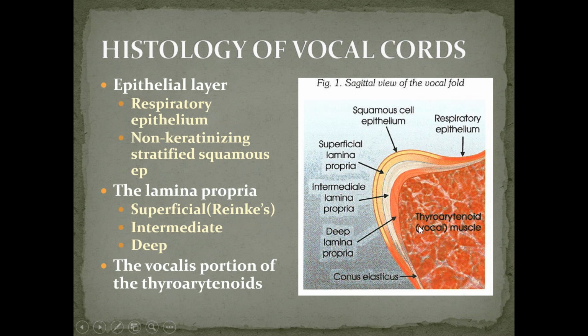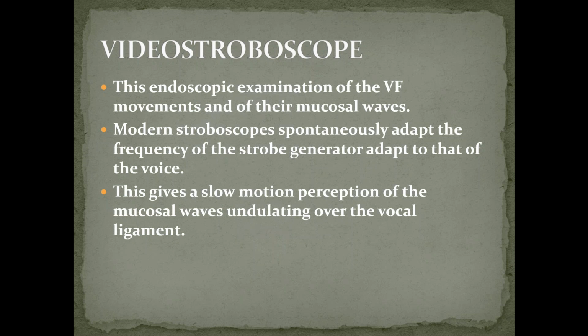After that there is the thyroarytenoid muscle or vocalis muscle. The vocalis muscle is the internal part of the thyroarytenoid muscle. So: epithelium, Reinke space, intermediate and deep lamina propria, and then muscle.